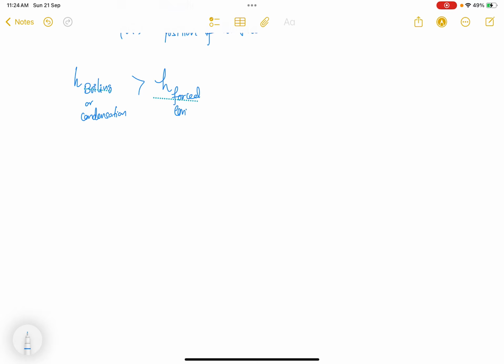Forced convection in liquids, and also if forced convection is occurring in liquid as well as in gases, the liquid will be having higher heat transfer coefficients.